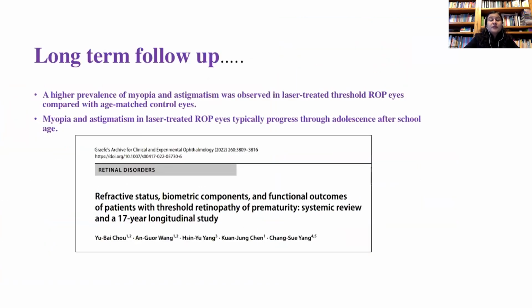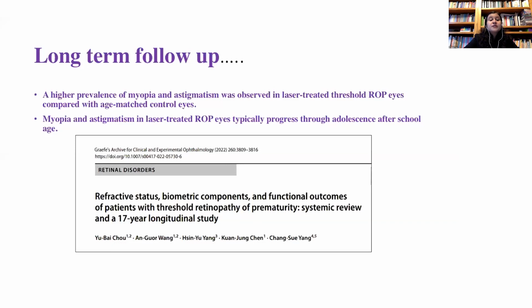This is the longest longitudinal study ever reported in the literature, and it showed that a higher prevalence of myopia and astigmatism was observed in laser-treated threshold ROP eyes compared with age-matched control eyes.